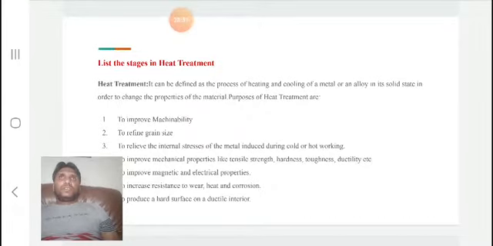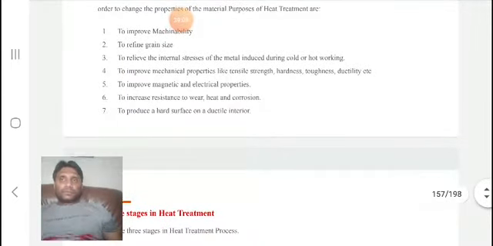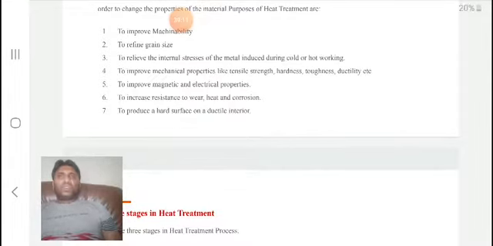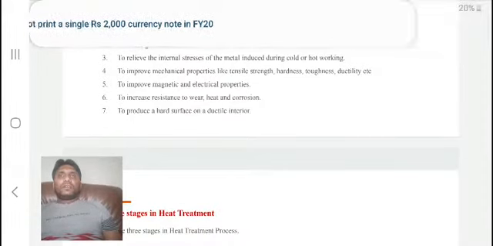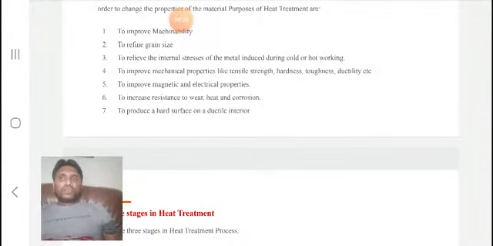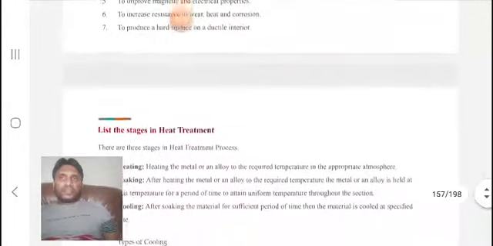The process of heating and cooling of a metal can improve machinability, can improve grain refinement, or can relieve the internal stresses which are induced during hot working or cold working, or improve mechanical properties like tensile strength, hardness, toughness, or ductility, or improve magnetic and electrical properties, or increase resistance to wear, heat, and corrosion, or produce a hard surface on a ductile interior.